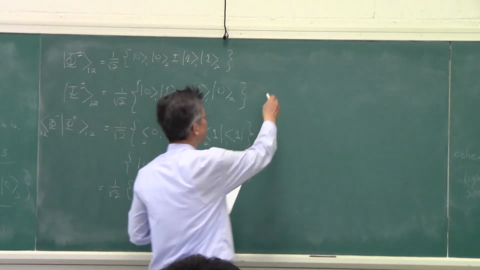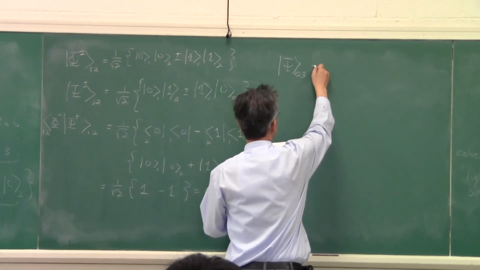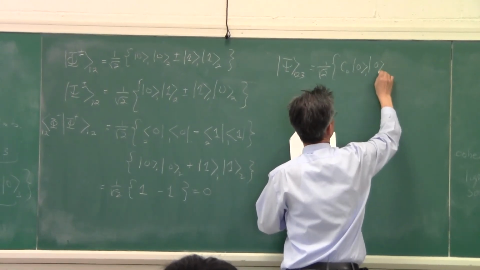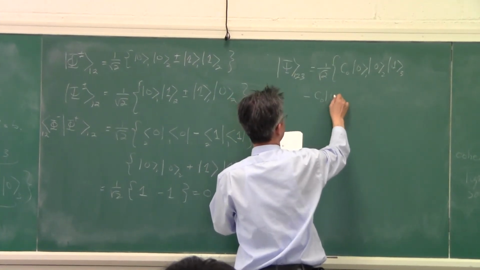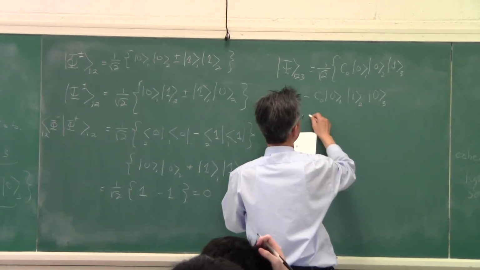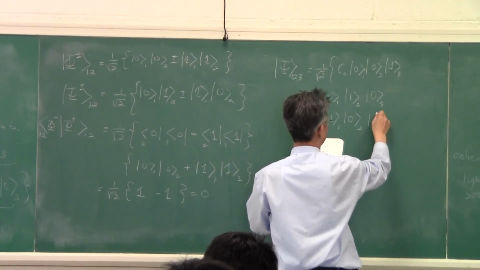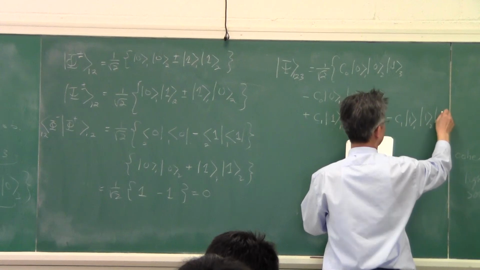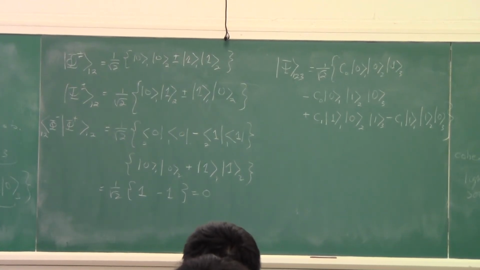If I multiply them out, I get these 3 photon states to be equal to 1 over root 2 times C0,0 |0,2,1,3> minus C0,0 |1,1,2,0,3> plus C1,1 |1,0,2,1,3> minus C1,1 |1,2,0,3>. I expand this out, I get 4 terms.